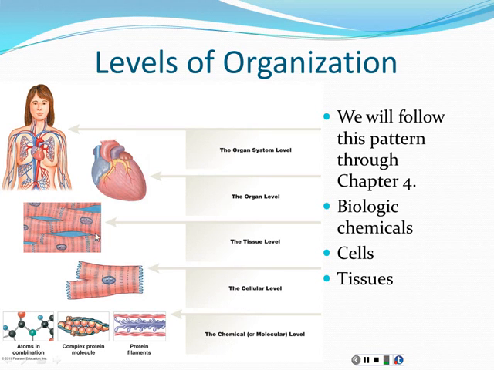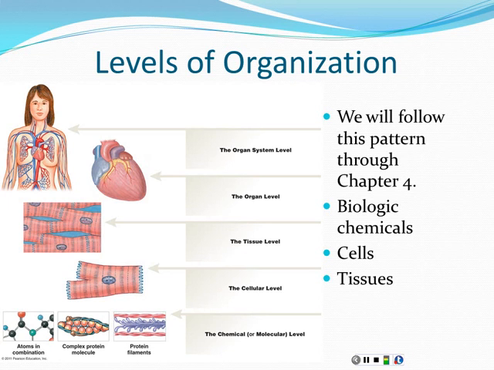A tissue is a group of cells that perform a similar function. And in every organ, there is more than one kind of tissue. So different tissue types form together in a specific anatomy to create an organ. And then organs provide some function for the body.